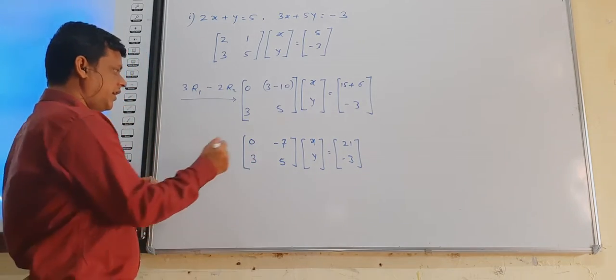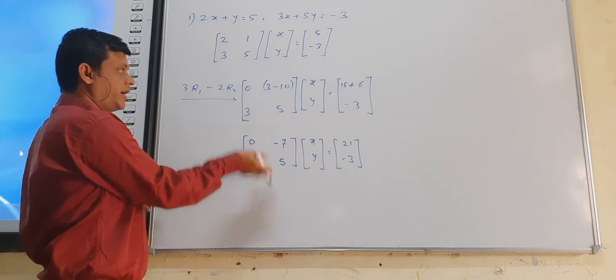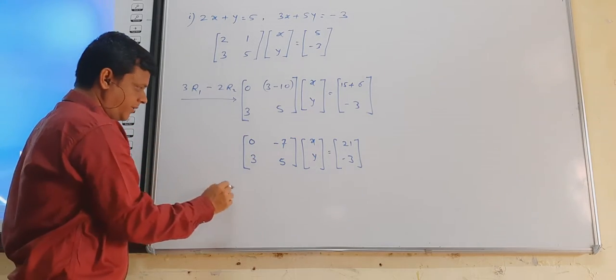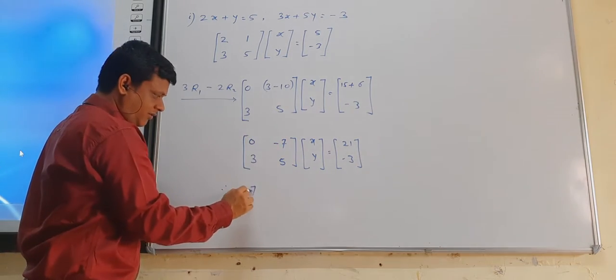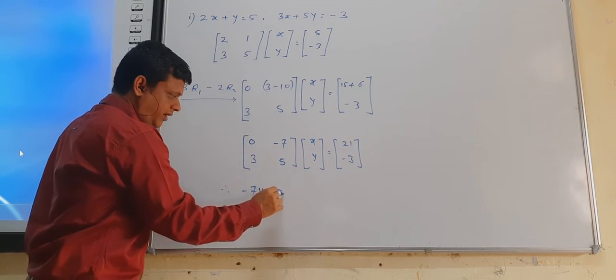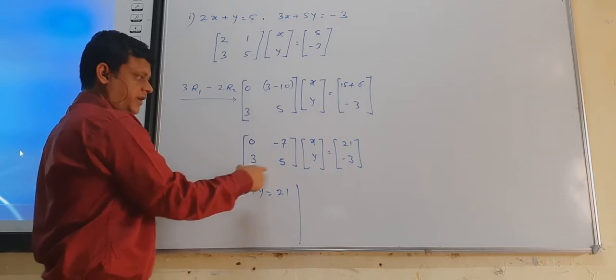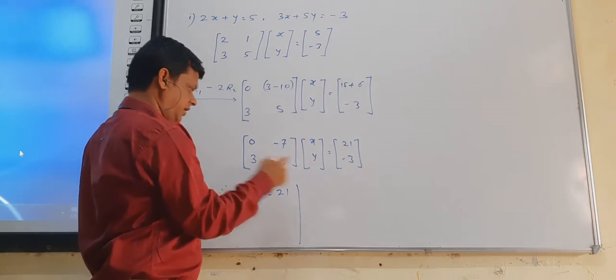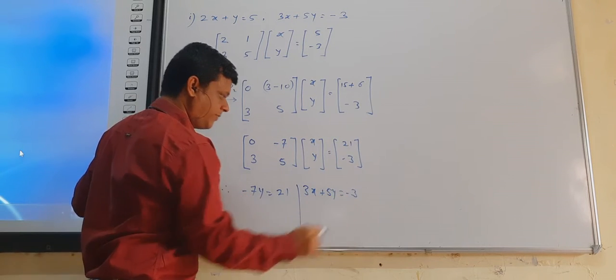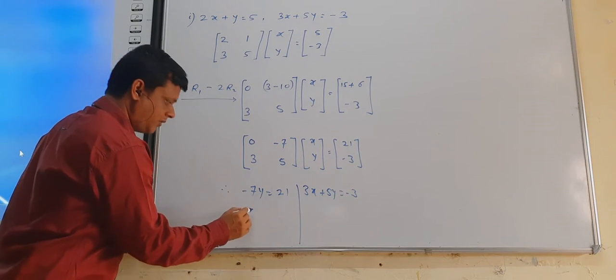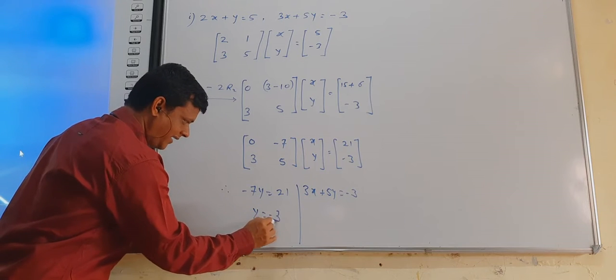After reducing it to lower triangular matrix, we have to write it in linear form. Therefore 0 into x, that is, simply we write minus 7y equals 21. Equating the second row, we write 3x plus 5y equals minus 3. After simplifying, we get y equals minus 3.